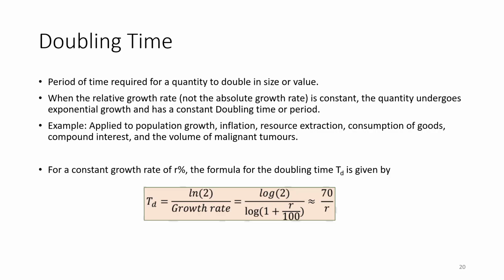Examples include population growth, inflation, resource extraction, consumption of goods, compound interest and the volume of tumors. For a constant growth rate of R%, the doubling time TD is given by ln 2 upon the growth rate, which can be approximated as TD = 70/R.